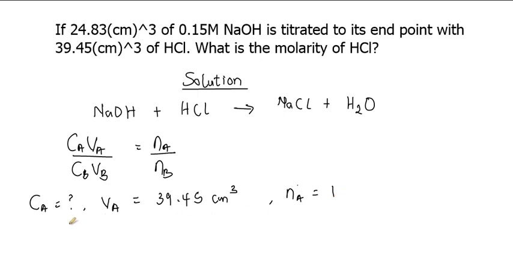Cb, concentration of base used, is 0.15 molar. So from the question, the volume of base used, Vb, is 24.83 cm³.